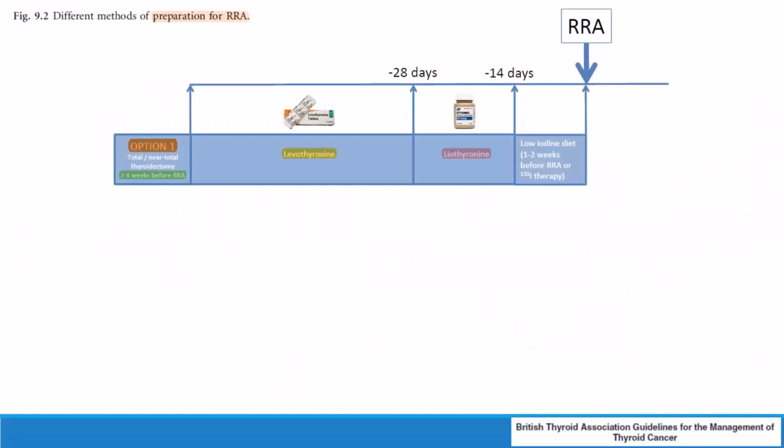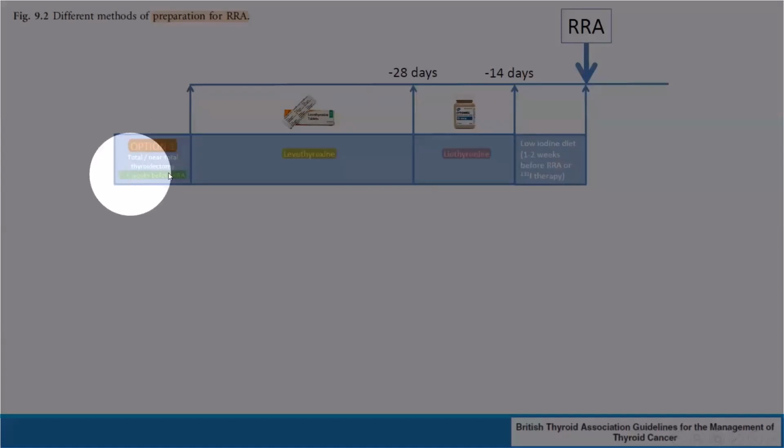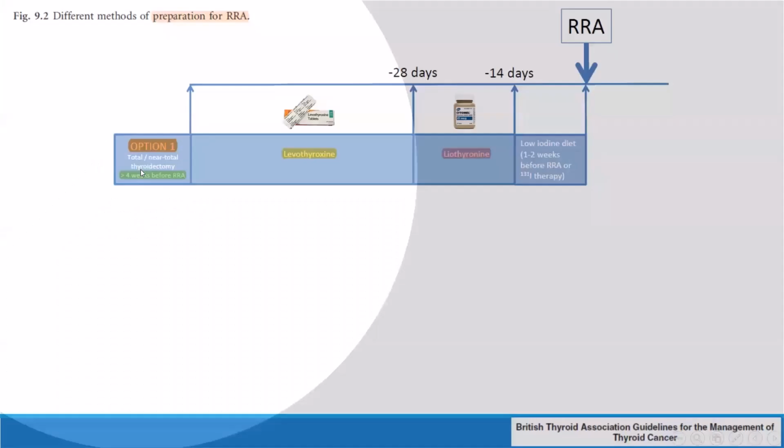And these are 3 different protocols for preparation of our patient for radioiodine remnant ablation therapy. The first option, if the patient had total thyroidectomy more than 4 weeks before radioiodine remnant ablation, in this situation, the patient is already on levothyroxine.